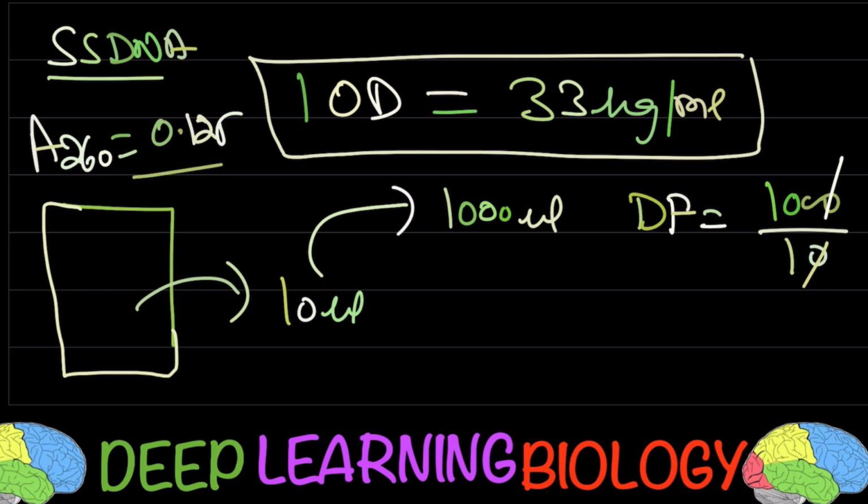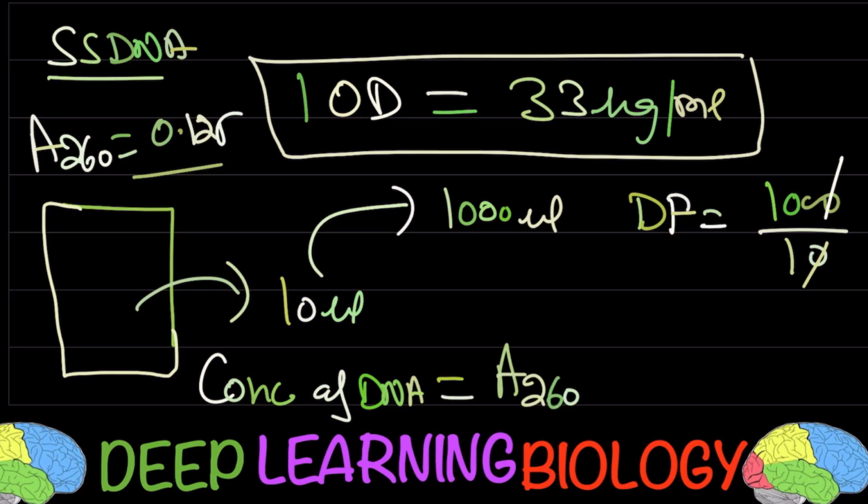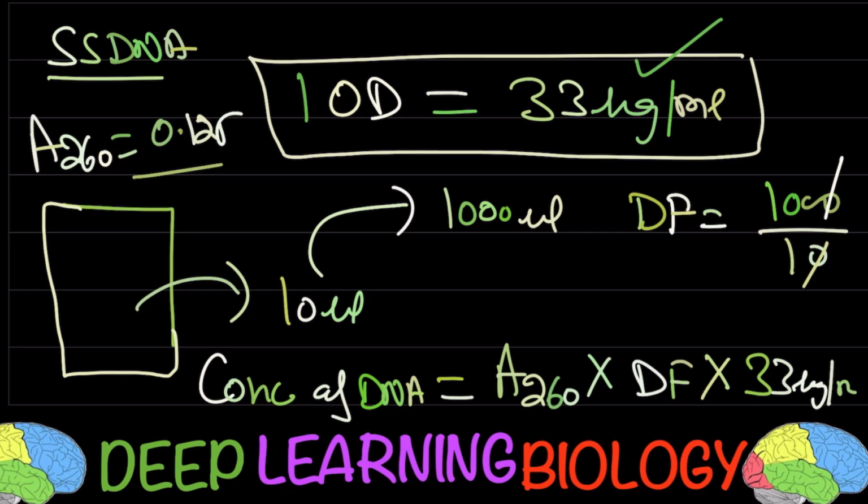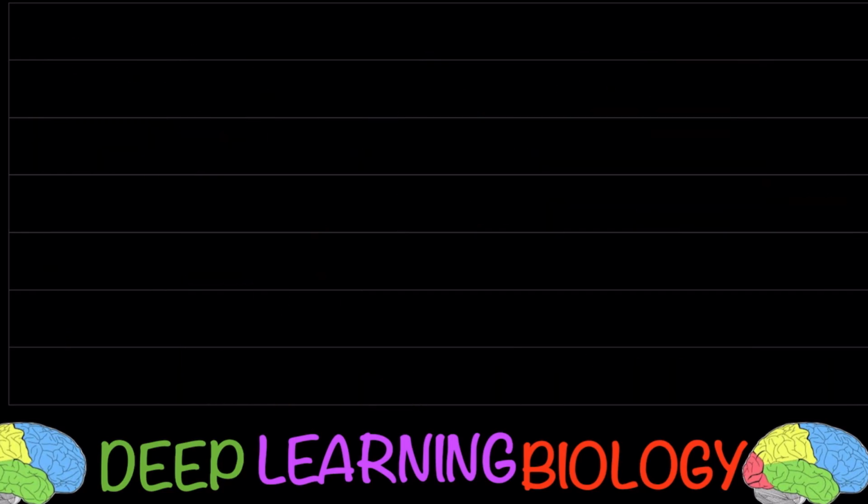Now you can calculate the concentration of DNA. Concentration of DNA equals absorbance at 260 multiplied by dilution factor multiplied by 33 microgram per ml. So let us solve here.